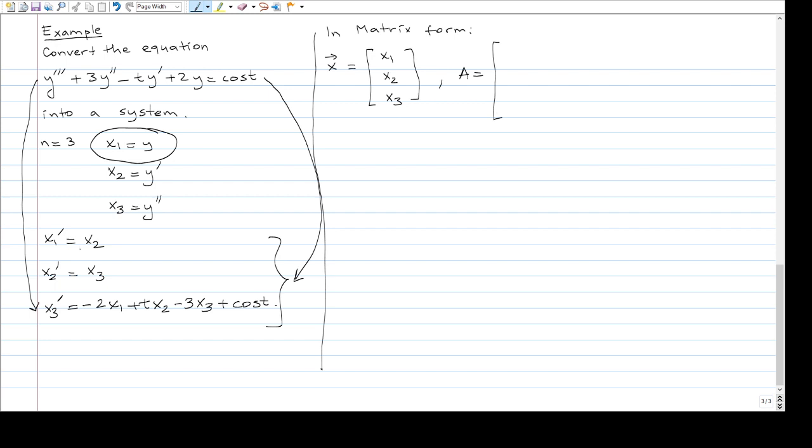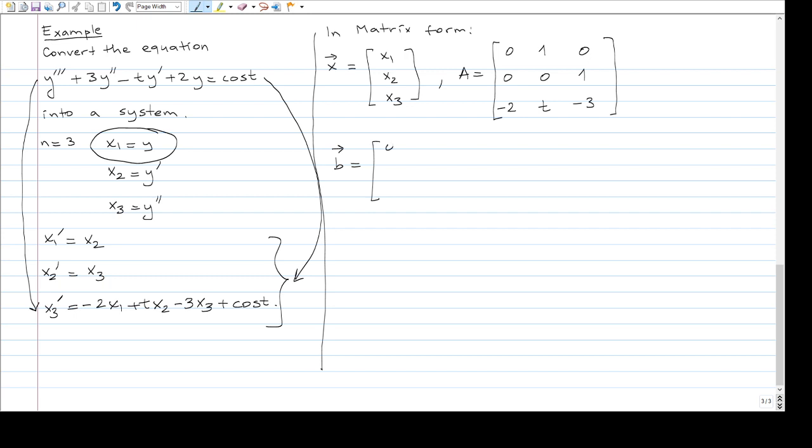So in the first equation, we have only x2, so no x1, coefficient of x2 is 1, coefficient of x3 is 0. In the second equation, there is no x1, no x2, coefficient of x3 is 1. And in the last equation, coefficient of x1 is minus 2, coefficient of x2 is t, and coefficient of x3 is minus 3. And we have the function b, the vector function, on the other side.